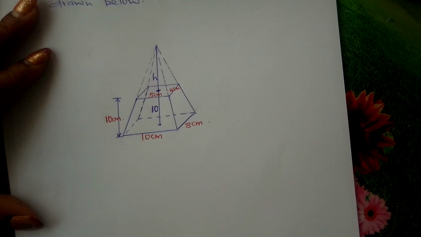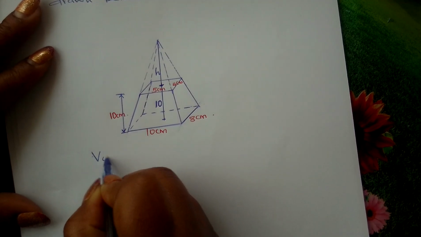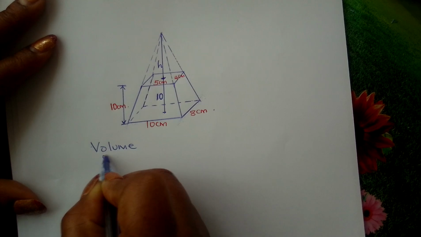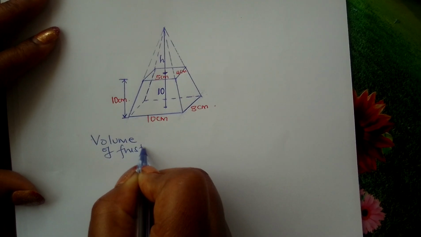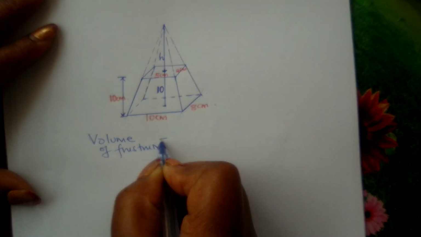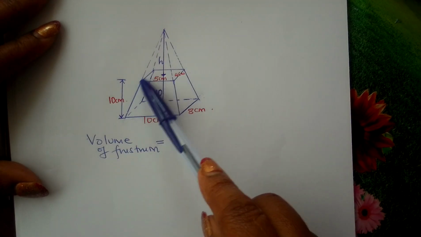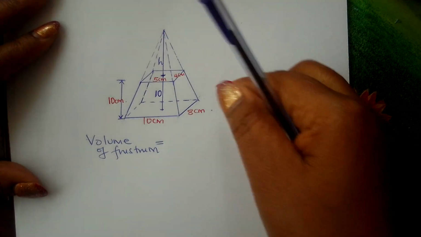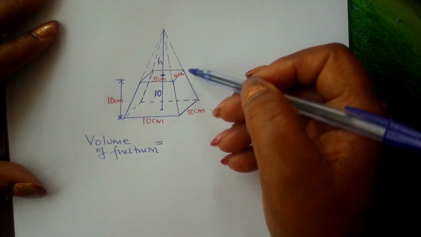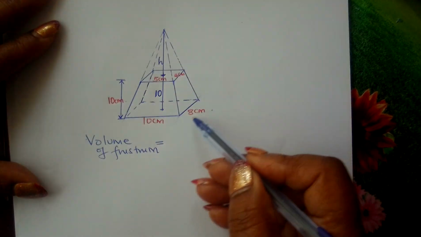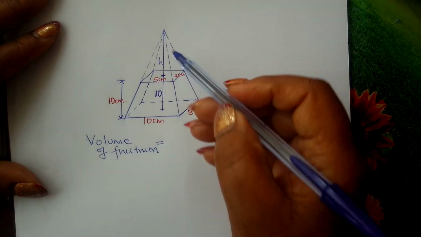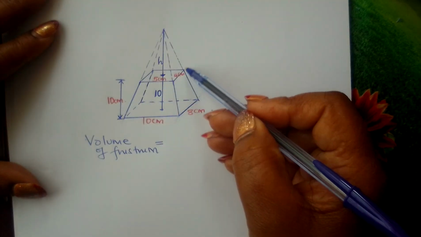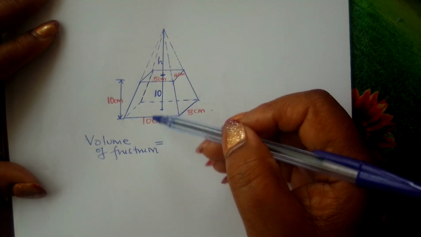So learner, how do we find the volume of this frustrum obtained from a pyramid? The volume of this frustrum is got by finding the volume of the original pyramid, then you subtract the volume of the small pyramid.